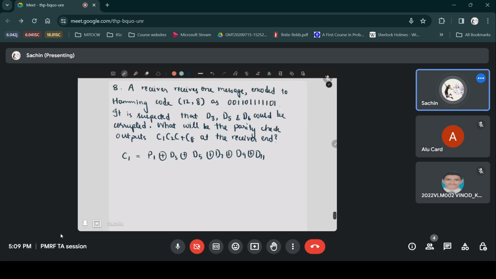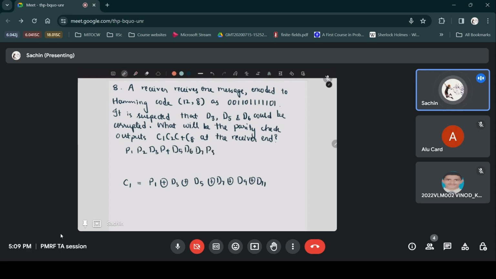Now let's see the number is P1, P2, D3, P4, D5, D6, D7, P8, D9, D10, D11, D12.